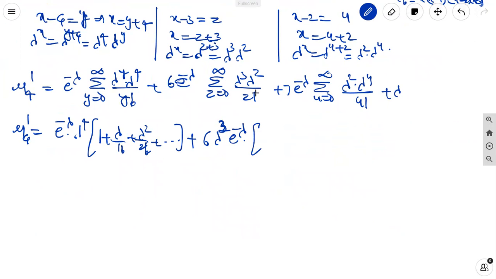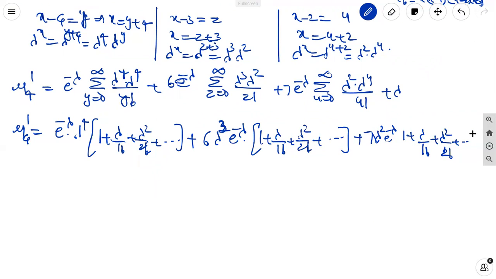Again apply the expansion: 1 plus lambda by 1 factorial plus lambda square by 2 factorial plus so on, plus 7 lambda square e power minus lambda. Again apply: 1 plus lambda by 1 factorial plus lambda square by 2 factorial plus so on, plus lambda.